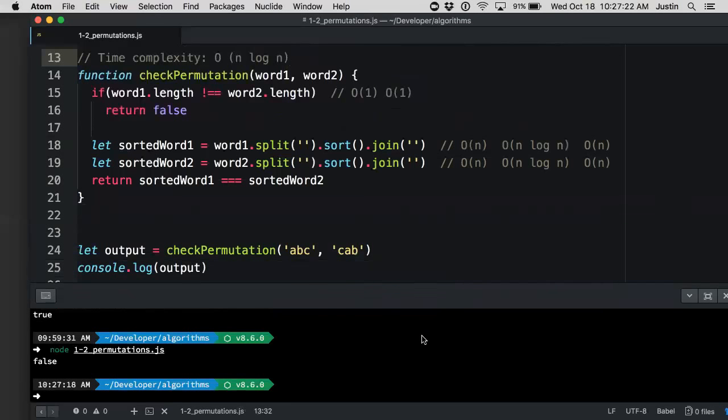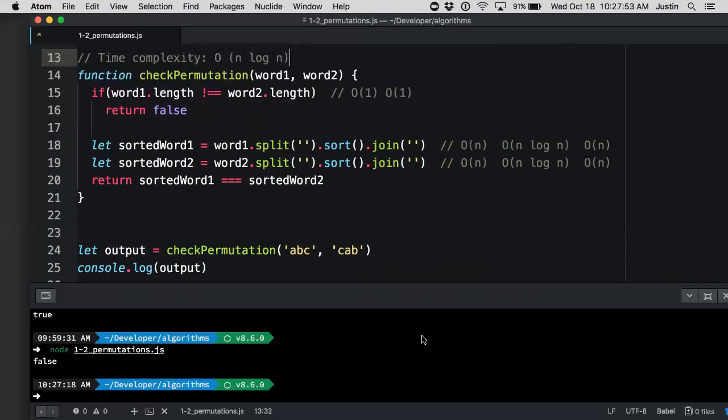Even though your instinct might be, well, sort is really quick, we're using it for short strings and all of that, I think you're getting the idea that actually doesn't matter when you're talking about time complexity. It doesn't matter if you're just using this on strings of 5 characters or 20 characters or 5,000. The time complexity is on a different level from all of that.